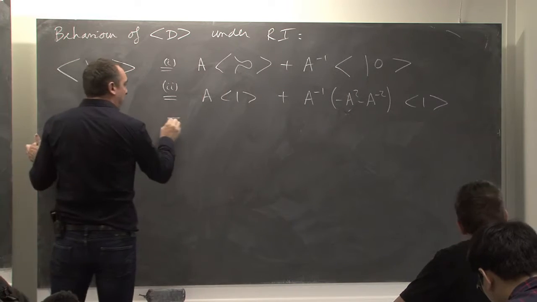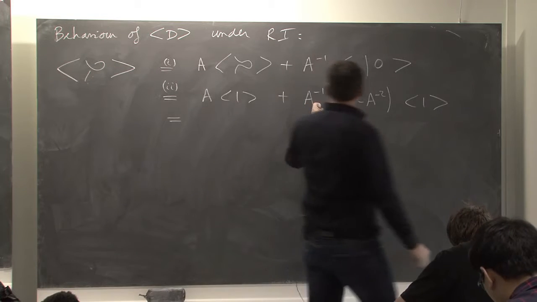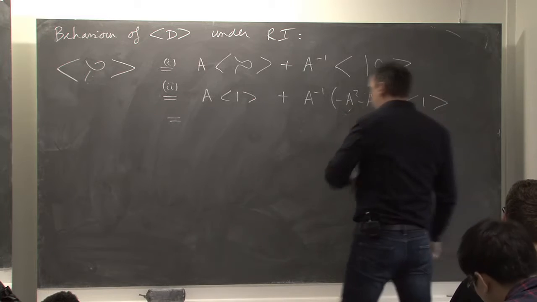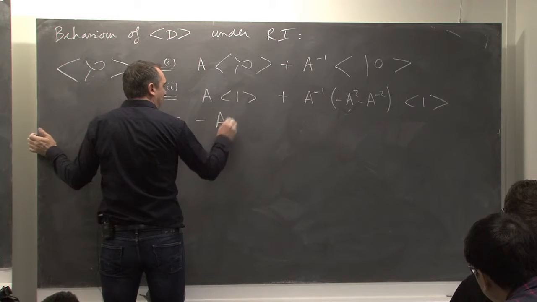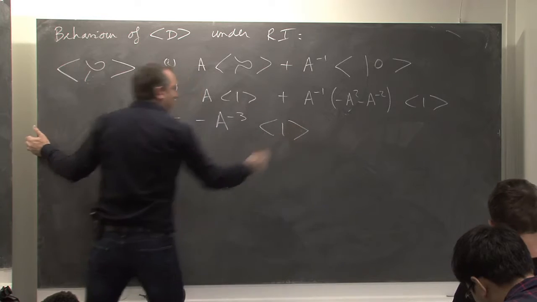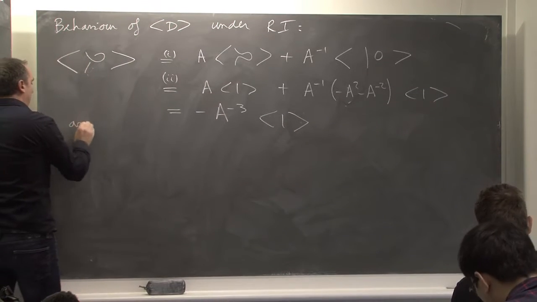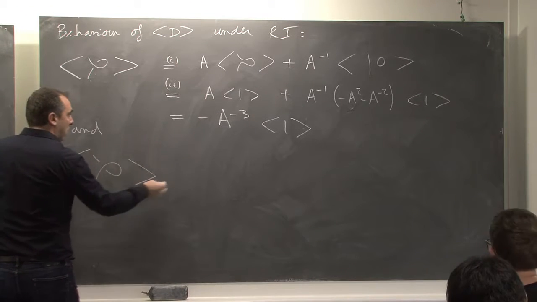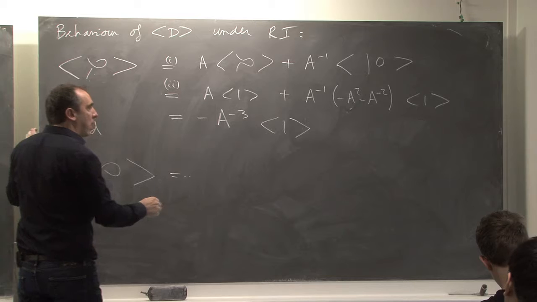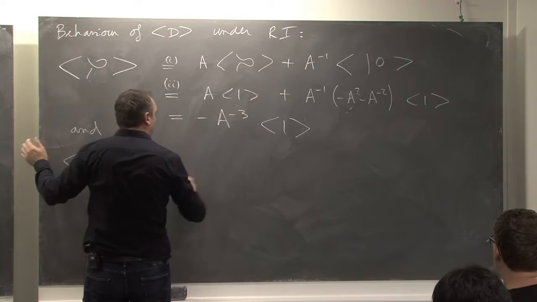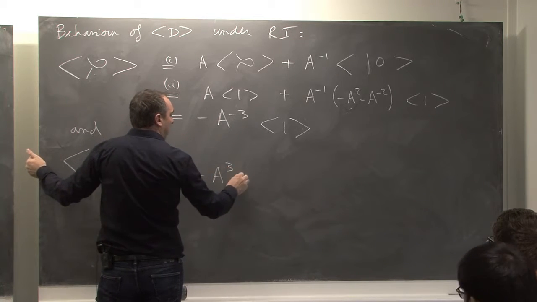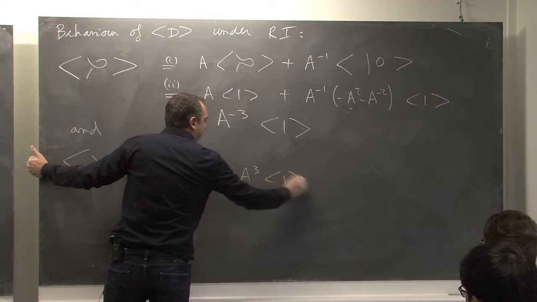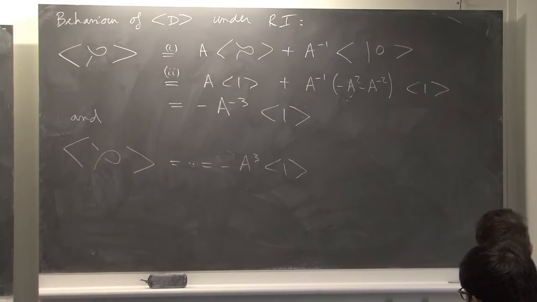And so what we obtain is, so A minus A minus A, sorry, so minus A cubed. And if we look at the other one, what you obtain is just with the other sign, so minus A to the minus 3. Well, this is the same computation. Okay. So what is the conclusion?